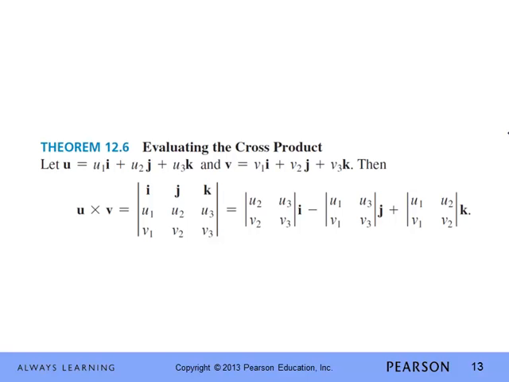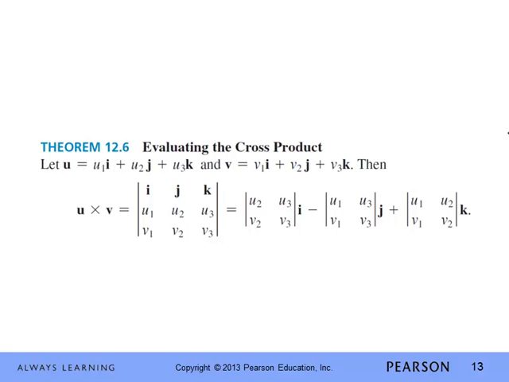Then you take the little determinant of that 2x2. The determinant is basically just going to be this number times this number minus this number times this number. I'll show you here in a few minutes. And then, as you work your way across the top, your next stop is here at j hat. But you need to put a minus in front there, so there's a minus j hat times the determinant of its minor.